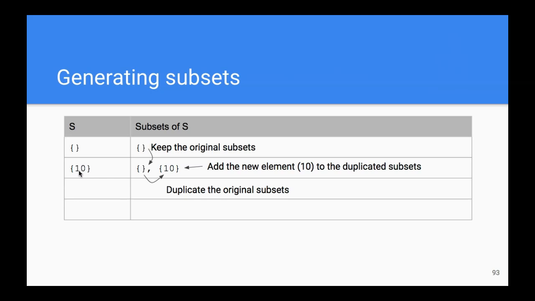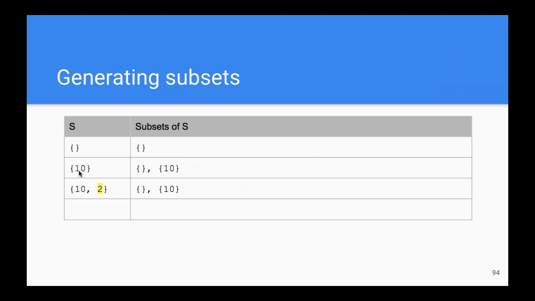Okay, we have to repeat this process. Now, we are expanding S by another item, in this case 2. The subsets of S obviously include what was there before, and we make a copy of them.